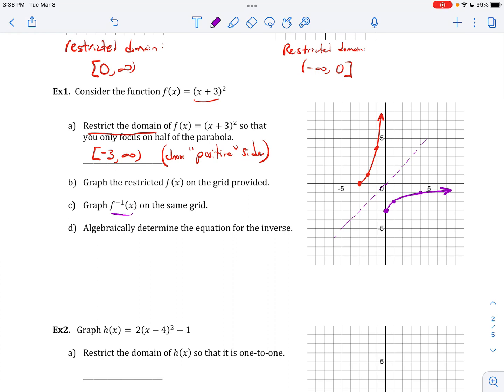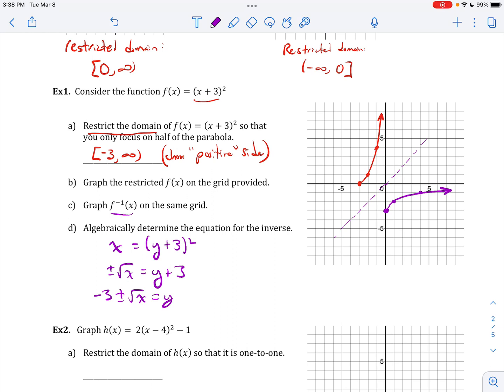Algebraically determine this thing. I will stay purple. Y plus 3. I'm taking the original thing and just switching things around. Let's take the plus or minus square root of x equals y plus 3. Now, wait a second. I took plus or minus square root, but that's not a function. But I really only care about half of this, right?